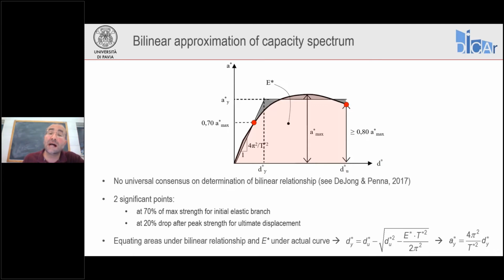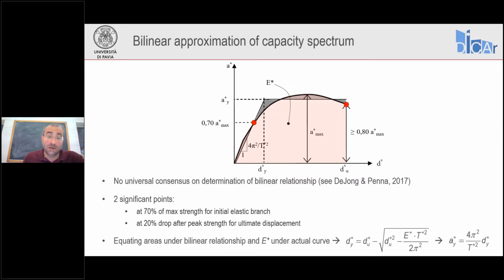That represents our ultimate displacement capacity, D star U. Now the problem is to determine A star Y, or equivalently D star Y. It's equivalent because they are at the last point of the elastic branch, which has a slope equal to 4 pi squared divided by T star squared. T star is the elastic period of the single degree of freedom oscillator.